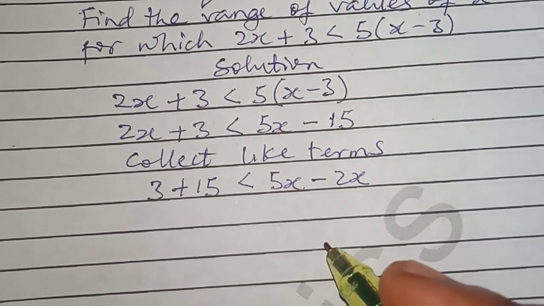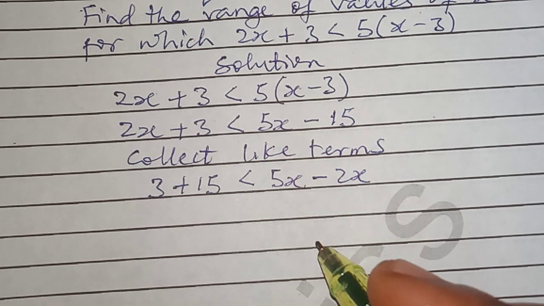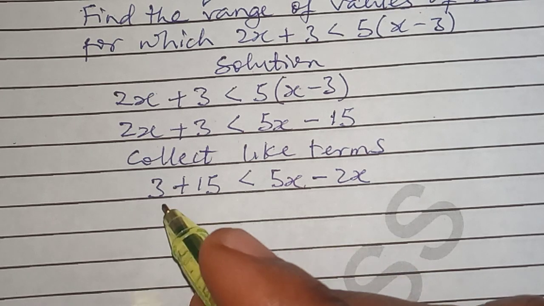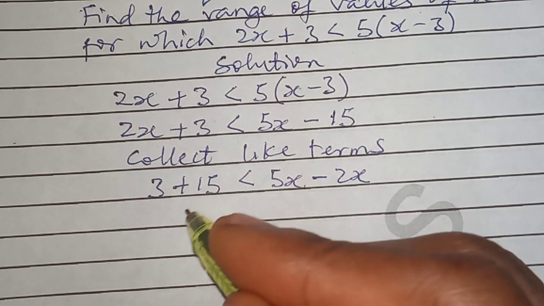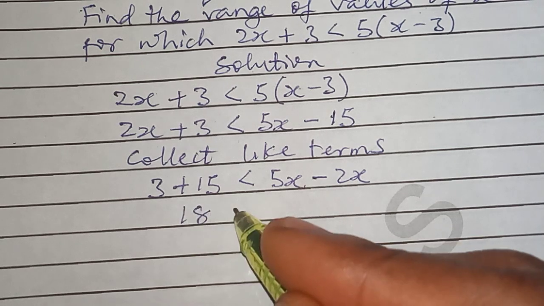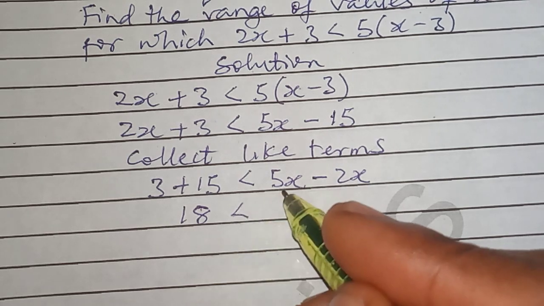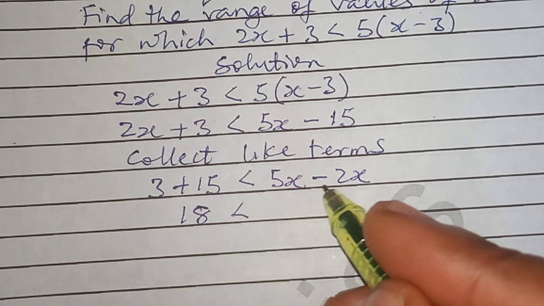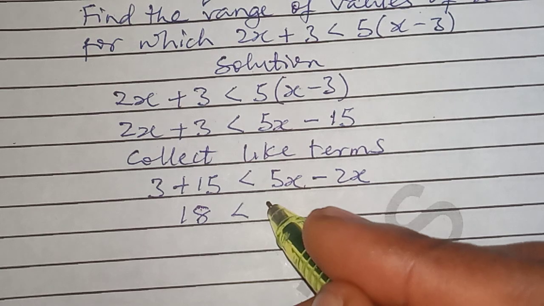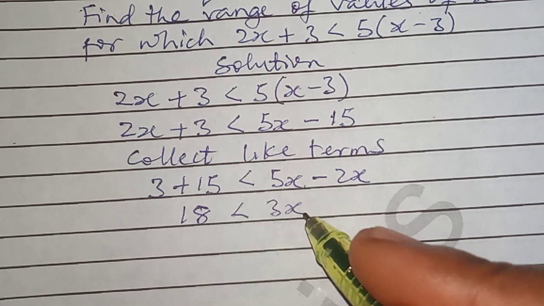Then we can add and subtract these numbers. So 3 plus 15 gives us 18, and 18 is less than 5x minus 2x, which gives us 3x.